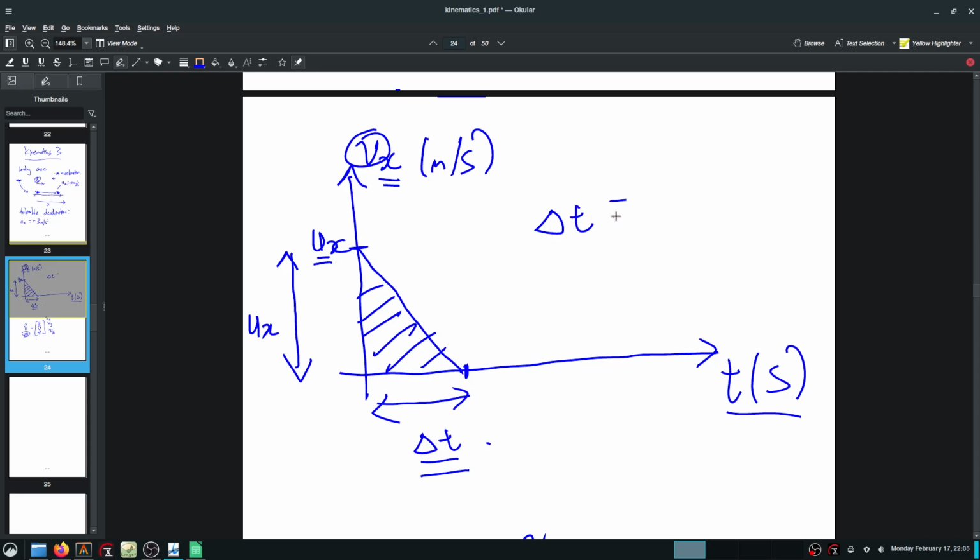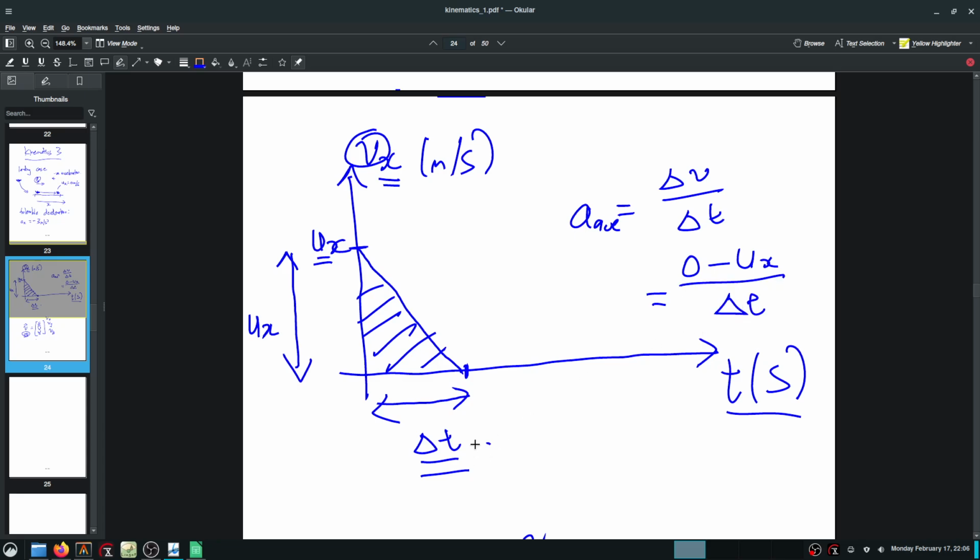So what is delta t here? For this constant acceleration, acceleration equals delta v over delta t, change in velocity over time. This is the average acceleration. So what's delta v over delta t? The initial velocity is Ux. The final velocity is 0 because it comes to rest.